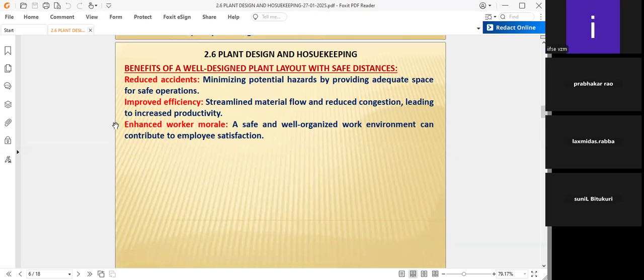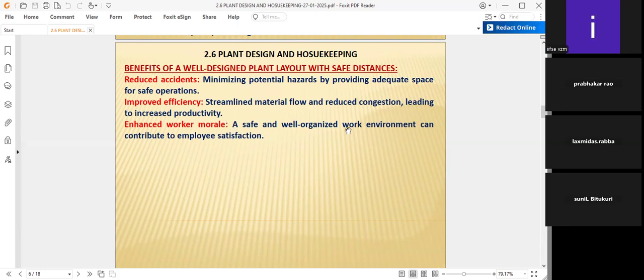Enhanced worker morale is very important. Once the employees have confidence in the organizational culture, safety culture, and plant layout, they definitely feel great about the organizational image. They see the growth of the individual. Worker morale will also benefit from a well-designed layout.